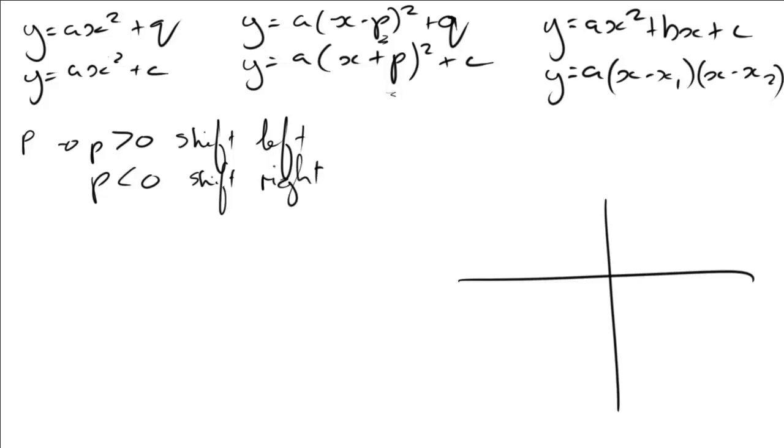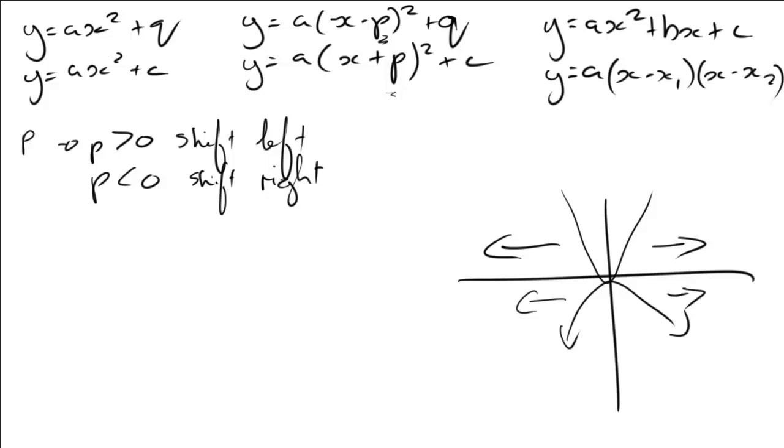We're going to talk about this more and delve into it. But typically, if this is the mother graph and P is positive, the graph will shift that way. If P is negative, the graph will shift this way. It doesn't matter if it's a happy face or sad face: positive that way, negative that way.